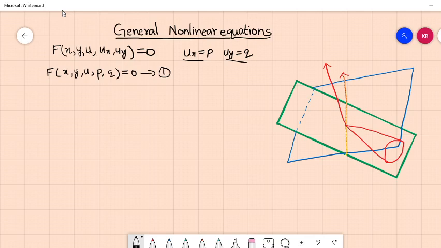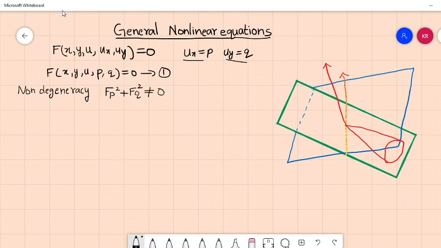Now, to ensure that equation 1 is a first order equation, we must have the non-degeneracy condition. The non-degeneracy condition says that f_p squared plus f_q squared should not be equal to 0. So what happens if this is equal to 0?